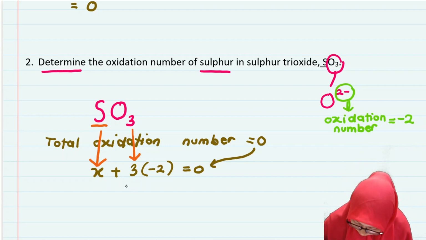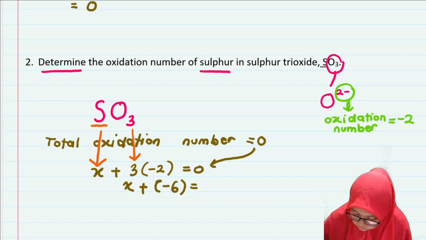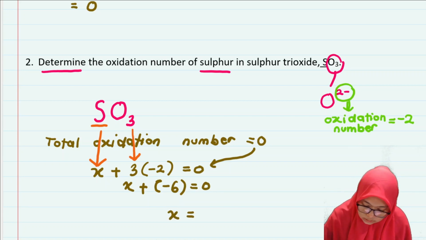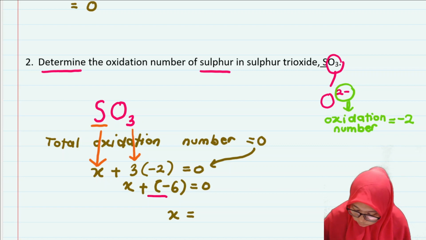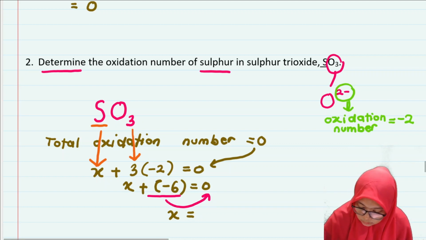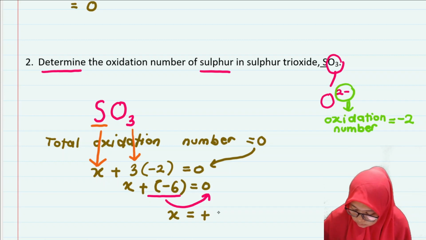Okay, so X is equal to... 3 times negative 2 is equal to negative 6, so equals to 0. So X is equal to, you bring this value from right to the left. Because this is negative, the total will be negative. So X will become positive 6.